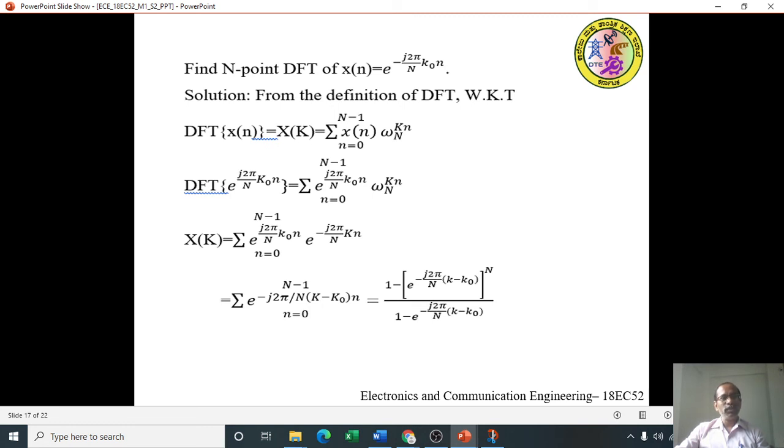Finite geometric series from 0 to n minus 1 of a power n is 1 minus a power n plus 1 divided by 1 minus a. In the upper limit you have n minus 1, so I'll replace that by n minus 1 plus 1. Plus 1 minus 1 will get cancelled to give only n.